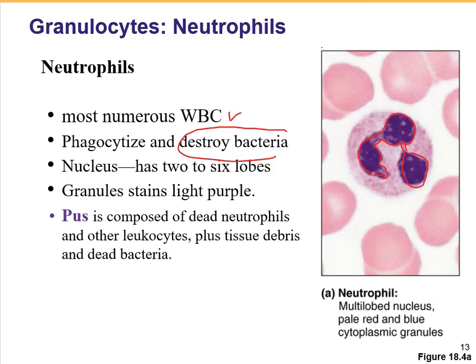Along with the captured bacteria and tissue debris, this mixture of dead neutrophils, other white blood cells, debris, and bacteria is what we commonly refer to as pus. So the pus is composed of dead neutrophils, other leukocytes, plus tissue debris and dead bacteria.